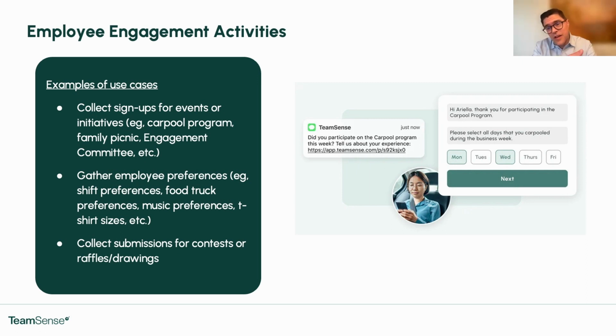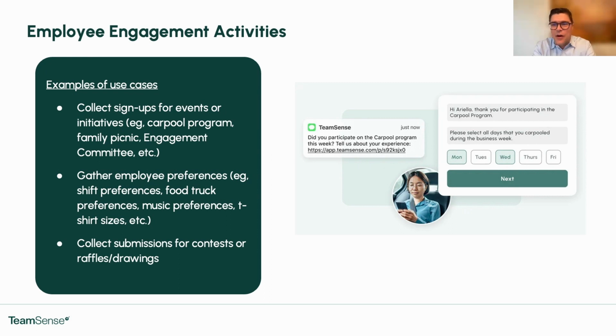How are they able to notice that? Because they're looking at their dashboard in TeamSense and seeing the trend analysis of when people are calling off, when people are getting in late. And so they started forming hypotheses. Why do people seem to be late on a particular day or a particular shift? And they could drill into it and reach out and talk to certain individuals.